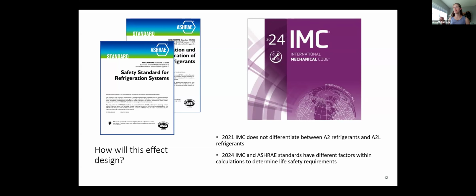The 2024 IMC is very close to what is included in ASHRAE, but there is some minutia that makes the 2024 IMC slightly harder to comply with than the ASHRAE standards. We are not going to get into that level of minutia, but it is important as we are reviewing or completing these calculations that we make sure we are referencing the correct code and the correct year.